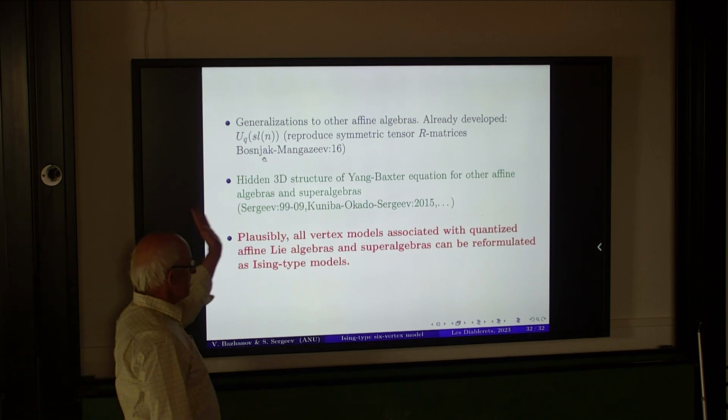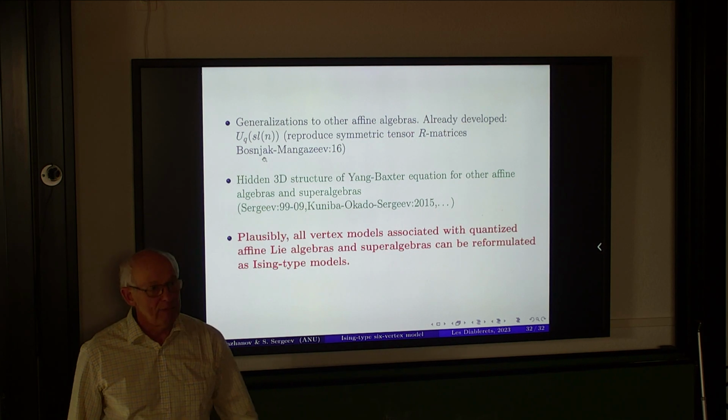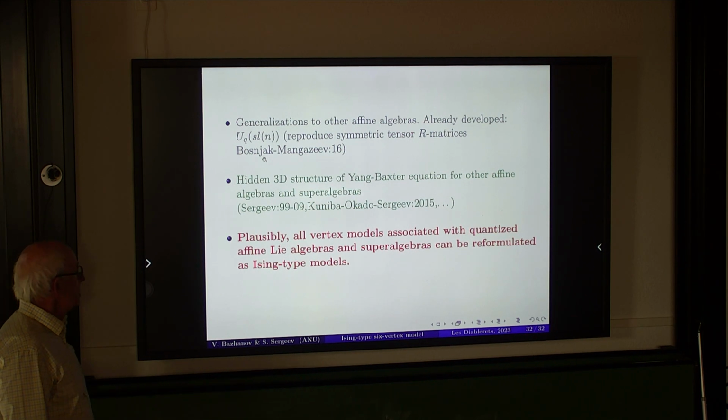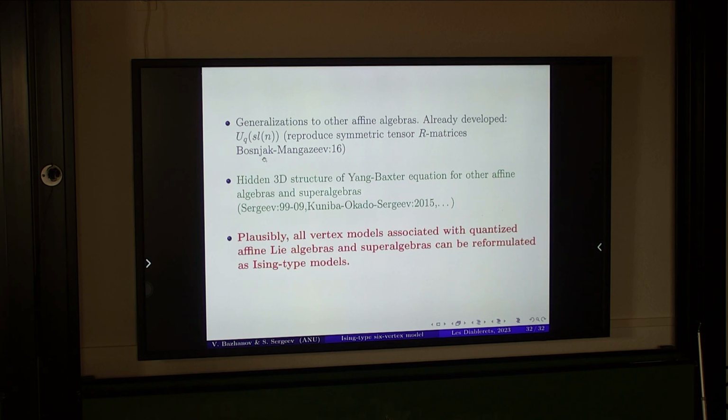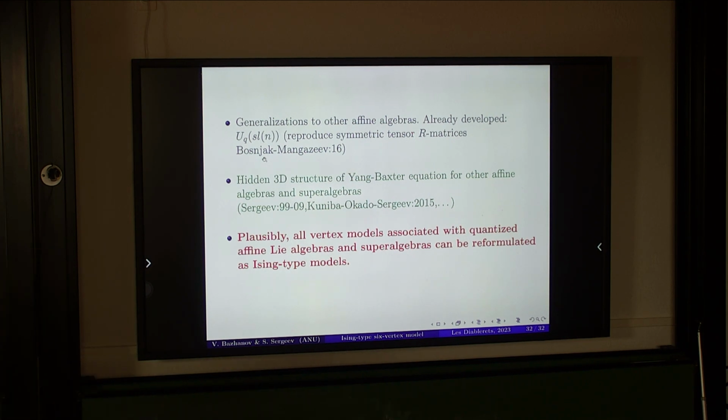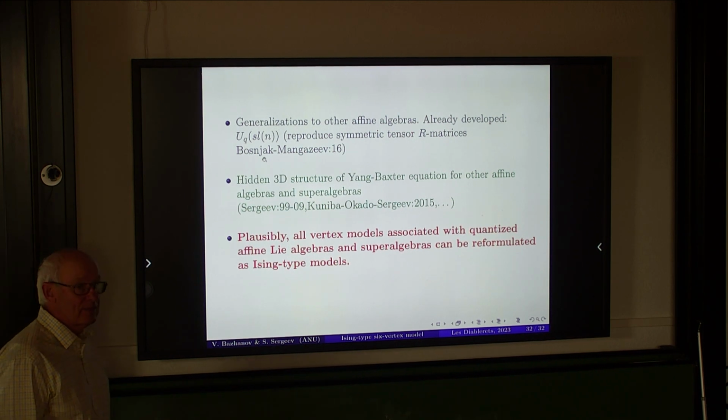This was demonstrated by the hard work of many people, not only for SLN, but for other quantum groups. So potentially we can reformulate all vertex models associated with quantized affine Lie algebras as Ising-type models. Thank you very much.